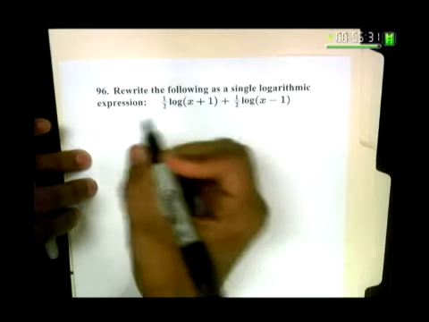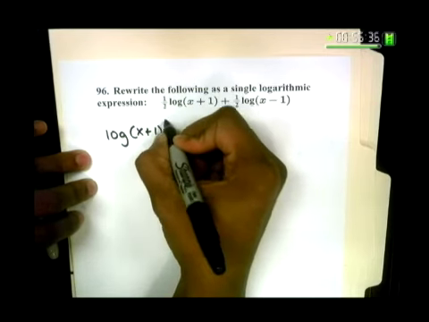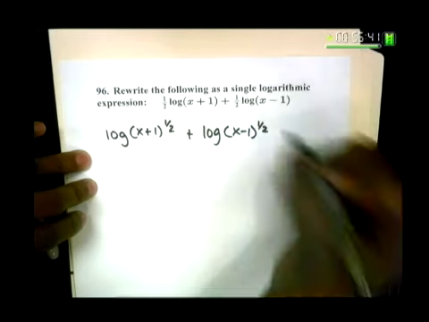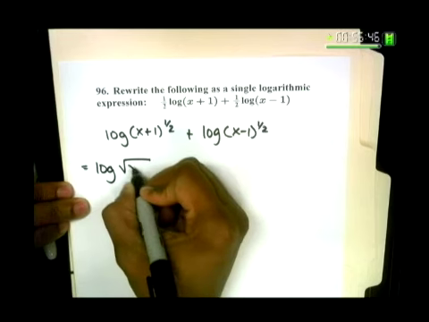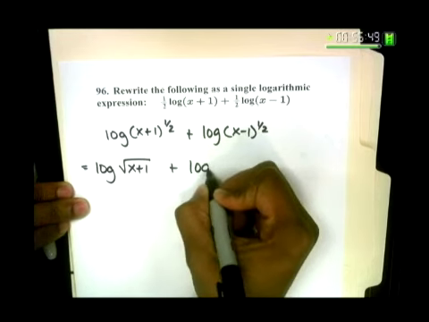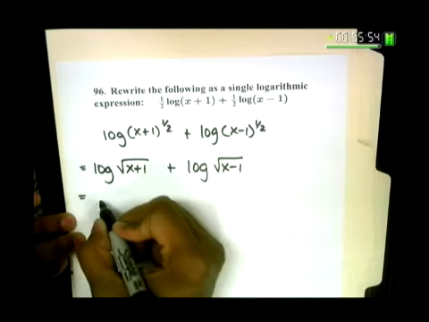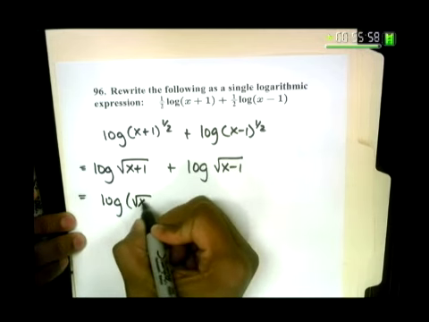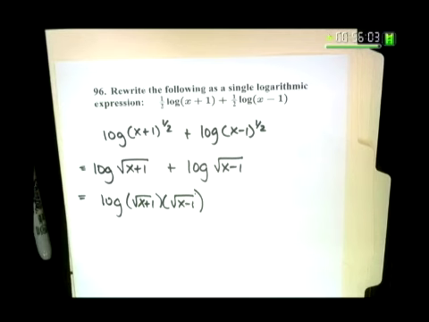Same thing here. What I would do is start with the exponent. So this would be log of x plus 1 to the 1/2 plus log of x minus 1 to the 1/2. I'm just going to rewrite it as the log of the square root of x plus 1 plus the log of the square root of x minus 1. Based on the properties of logarithms, I know that this can be condensed into this, where I'm multiplying the two expressions.